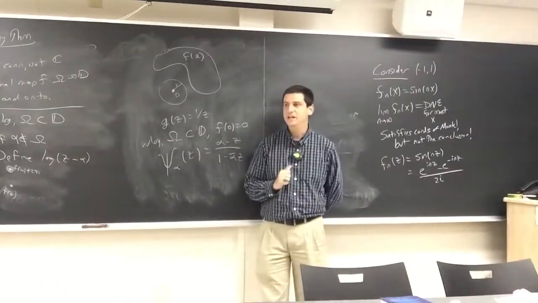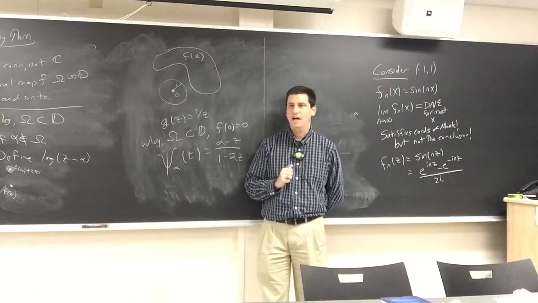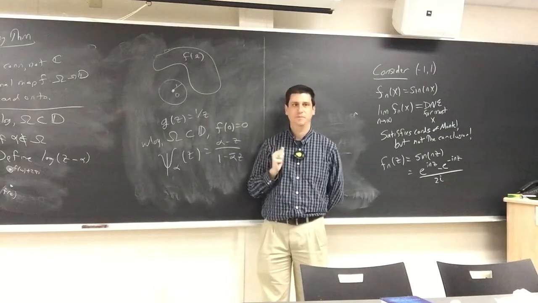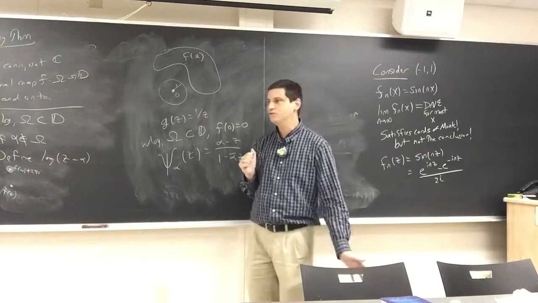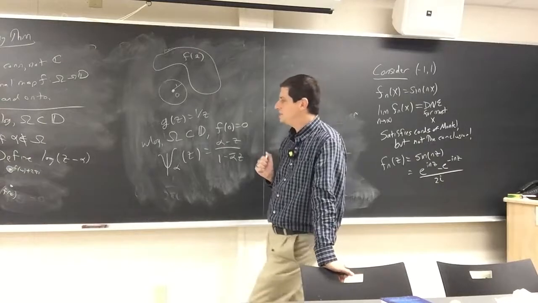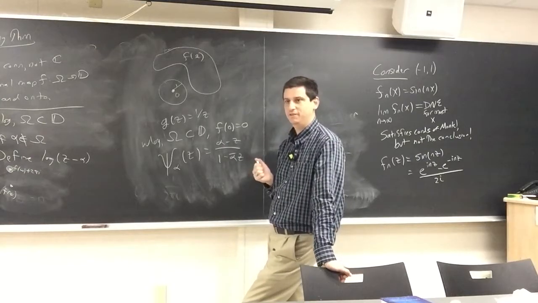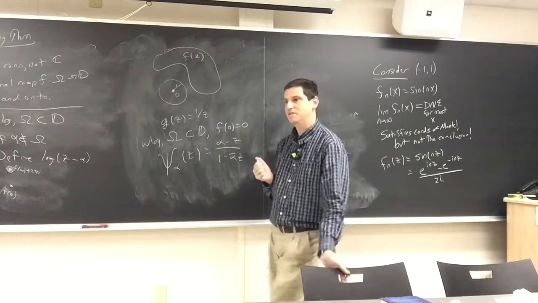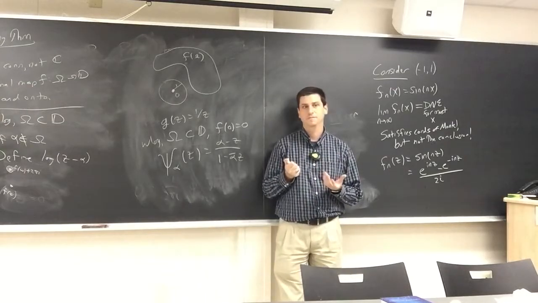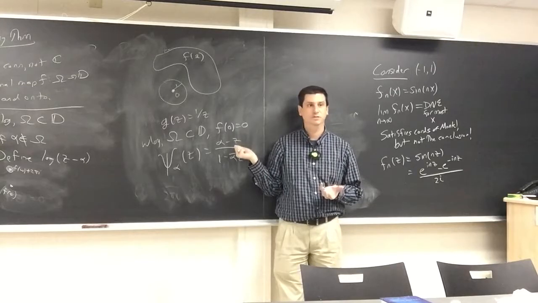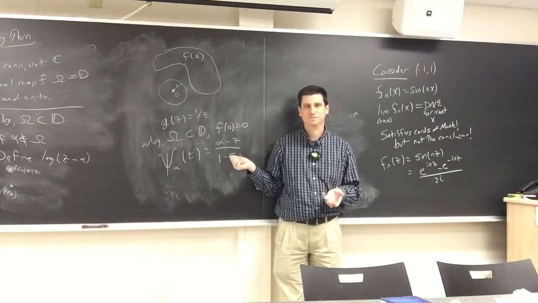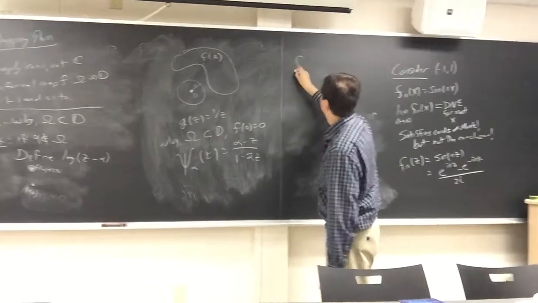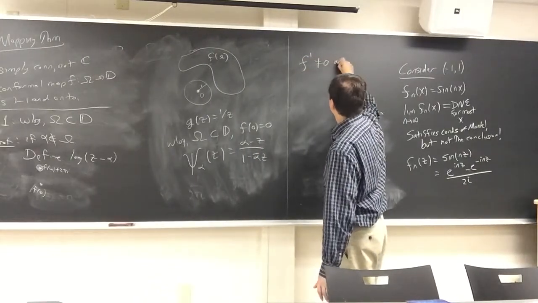So if originally f of alpha was 0, not f of 0, then we just use this to translate. The book doesn't do this right now. The book then talks about maximizing the absolute value of f. What we could do right now is we could just do a rotation to make the first derivative positive. So the first derivative is non-zero. Why is the first derivative non-zero? It's injective. So f prime does not equal 0 as f is injective.